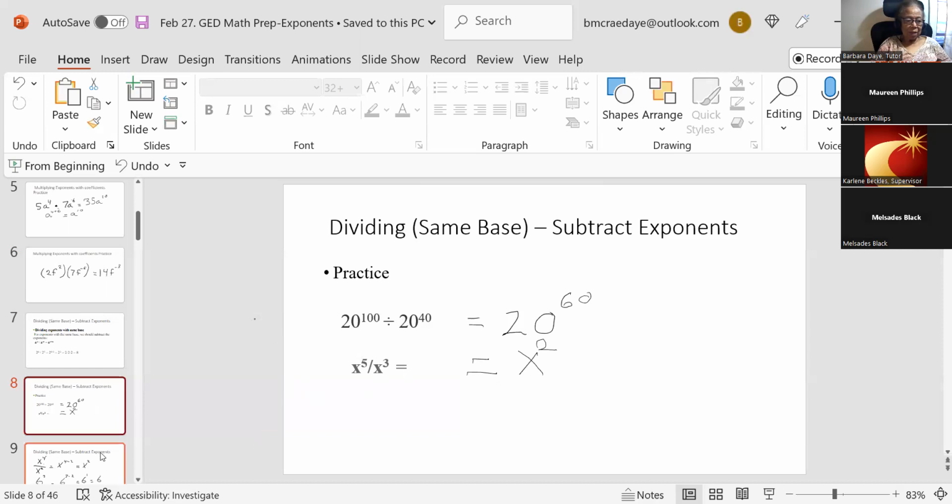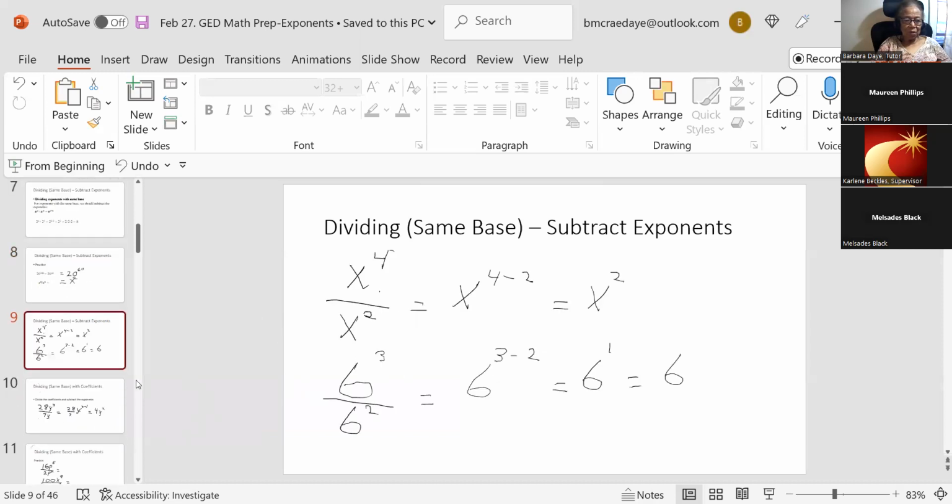Okay, now let's go here. There's some more, and I put them there. X to the 4th divided by x to the 2nd is x to the 4th minus 2, x to the 2nd. 6 to the 3rd divided by 6 to the 2nd is 6 to the 3 minus 2, 6 to the 1, and that's the same as the number 6.